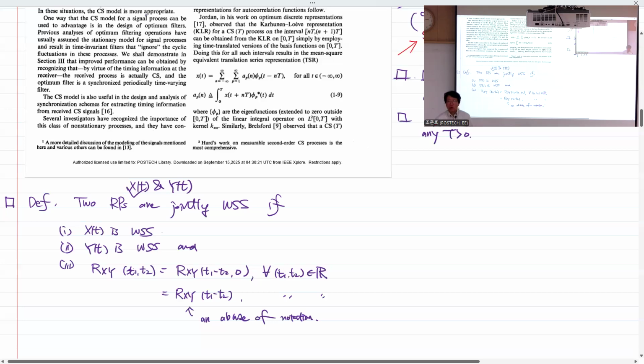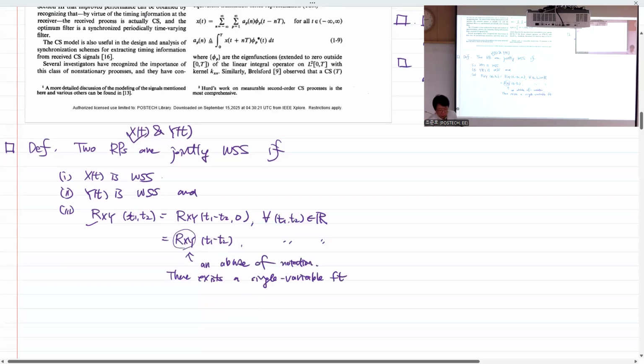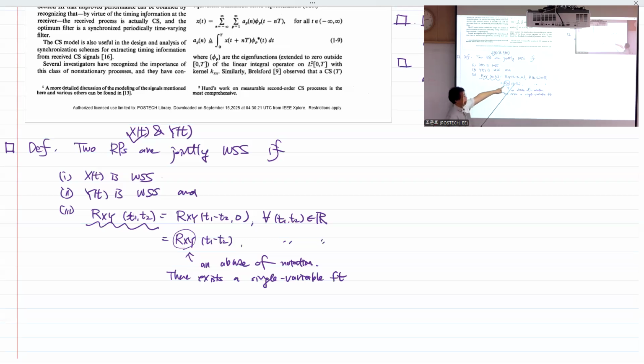But almost no professors point this out when they talk about wide sense stationarity, joint wide sense stationarity, and even just wide sense stationarity. So be careful. Actually, this means that since this is a different function, you may say that there exists a single variable function that is equal to the two variable function, which is the cross correlation function, and the function is a function of the time difference, t1 minus t2. Got it?